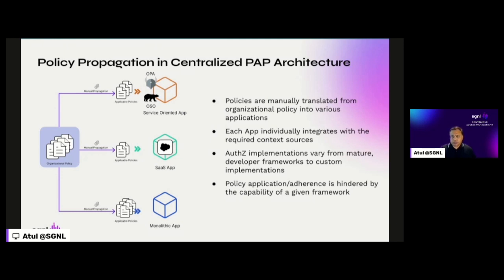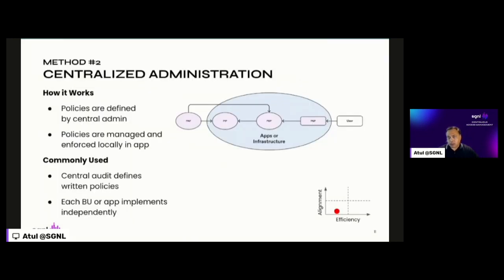This is how policy propagation works in this centralized-administration-only world. On the efficiency scale it's a little better, because you've defined the English language policy centrally, but it's still up to every application to implement those policies.